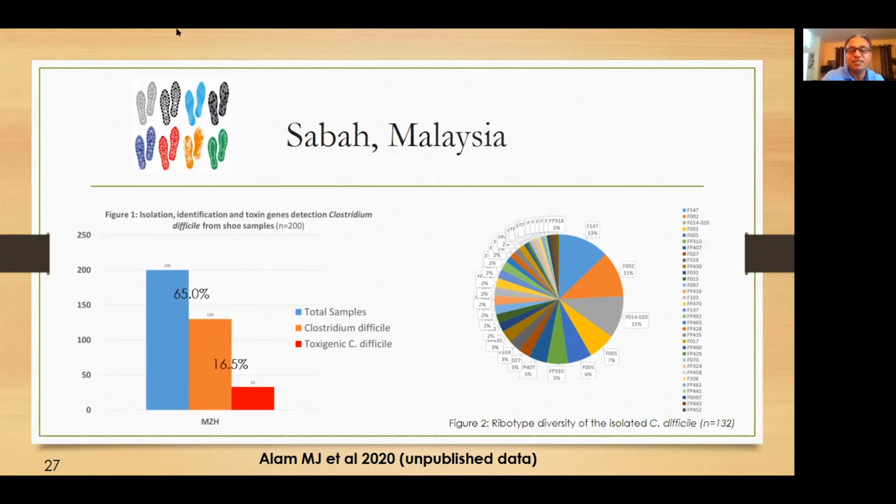And the diversity of these strains is huge. These ribotypes are also associated with human infection. Therefore, we believe anywhere in this world, C. difficile is there. There is no place without C. difficile spore.